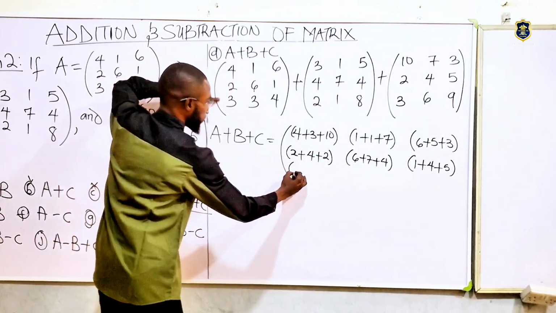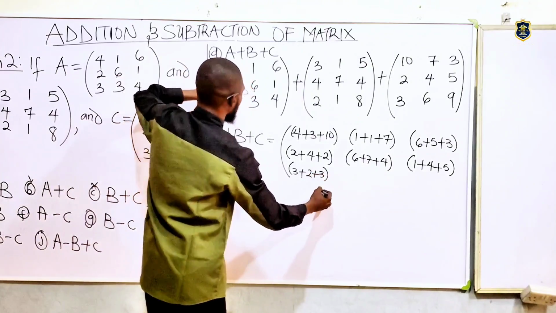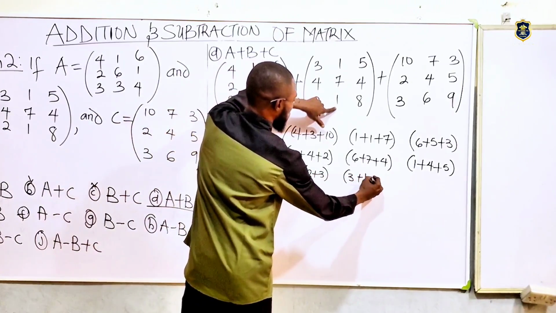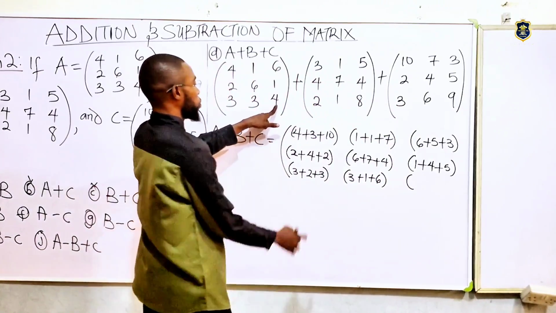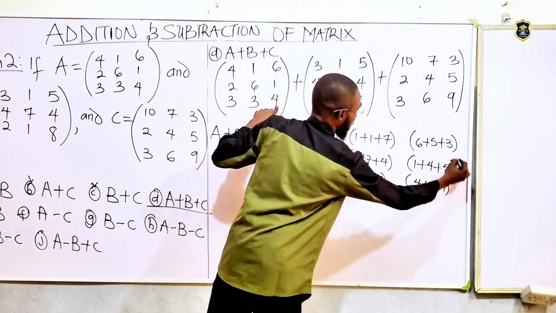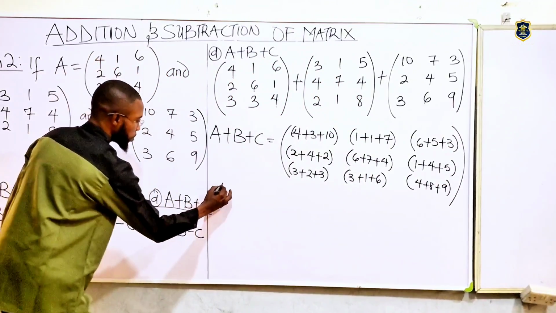Then 3 plus 2 plus 3, 3 plus 1 plus 6, and for the last, 4 plus 8 plus 9. It's as easy as it gets. Alright, so with this we add them.